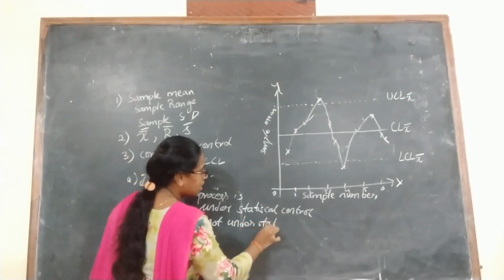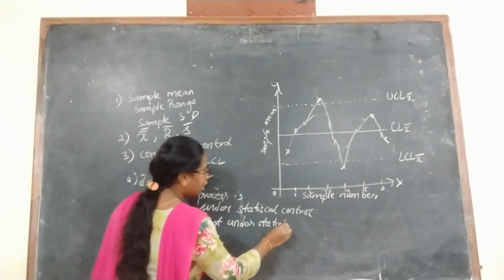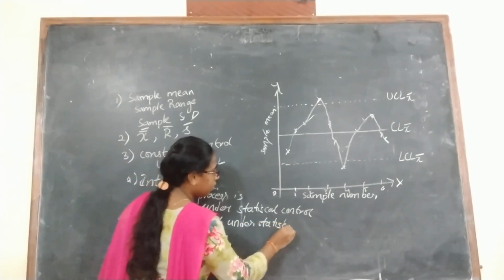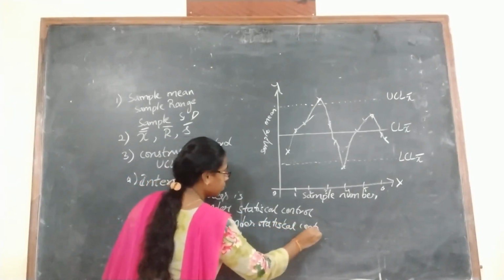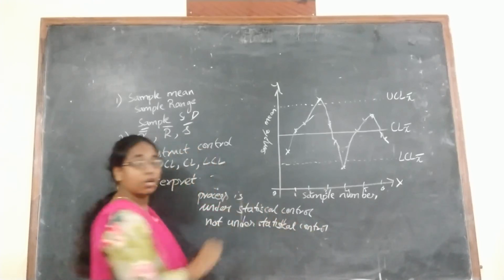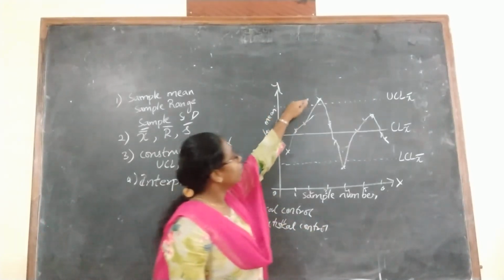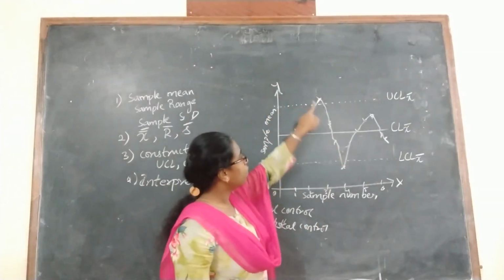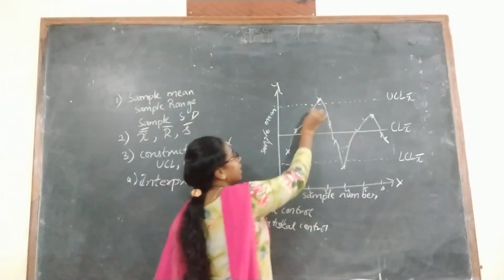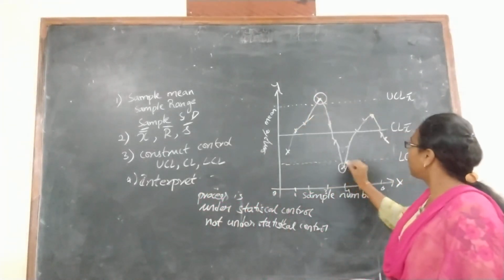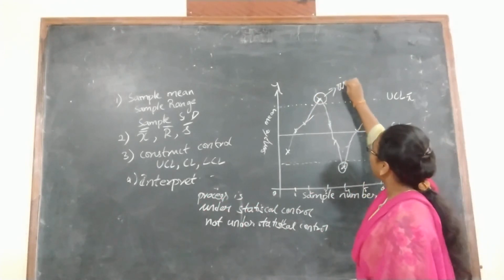Then that process is regarded as not under statistical control. And the values which are above the UCL and below the LCL are termed as outliers.